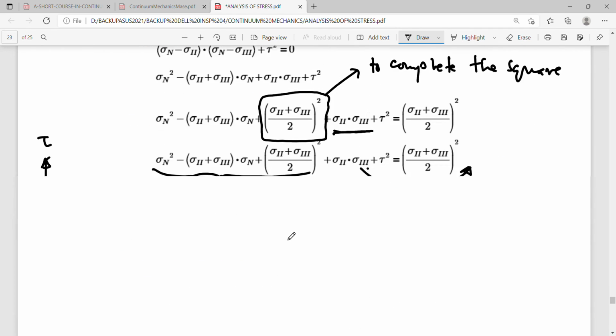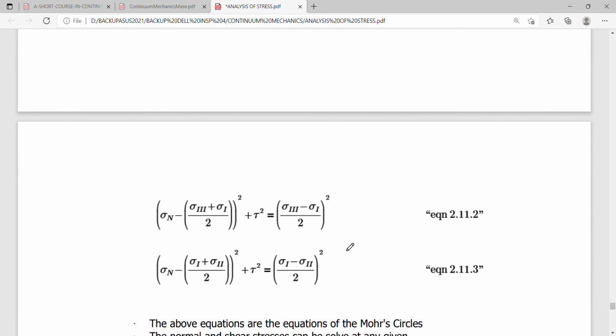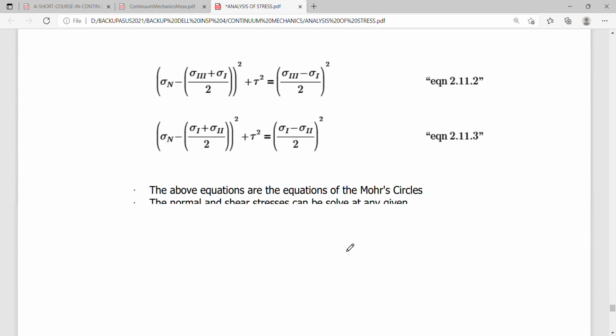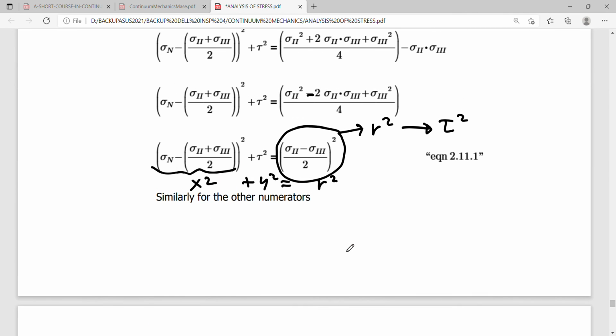For the other two equations, take note that if I have an equation in terms of sigma 2 and sigma 3, I am actually referring to my first Mohr circle, C1.